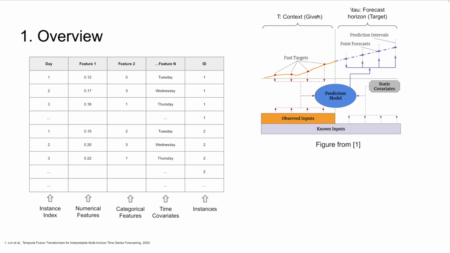So the first part is given, the second part is the target. In the context, you'll just get 1 point as a ground truth for every time step. And in the forecast horizon, in addition to just a point forecast, where you predict one value for every time step, you can also predict a confidence interval as well. We'll be talking about those in the next few lectures.